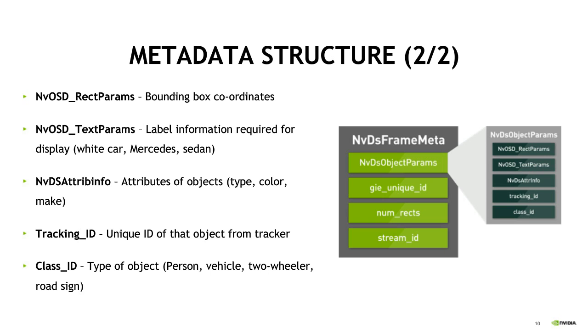NVDS-attrib-info has the attributes of objects, for instance, the type, color, and make of a vehicle. Tracking ID provides a unique ID of that object from the tracker. And finally, class ID provides the type of object that it is, whether it's a person, vehicle, two-wheeler, or road sign.